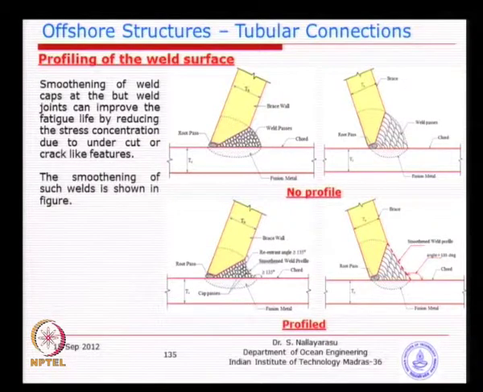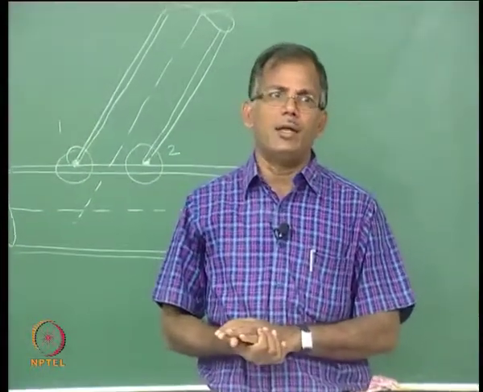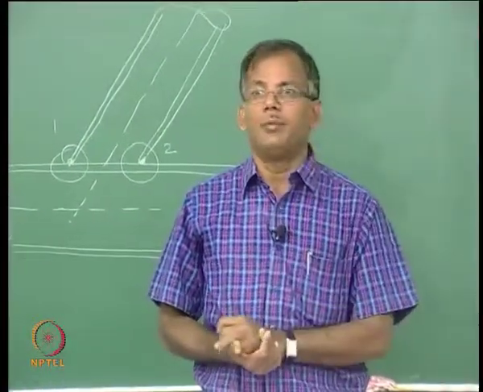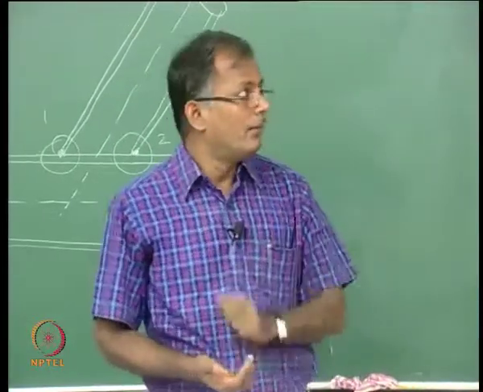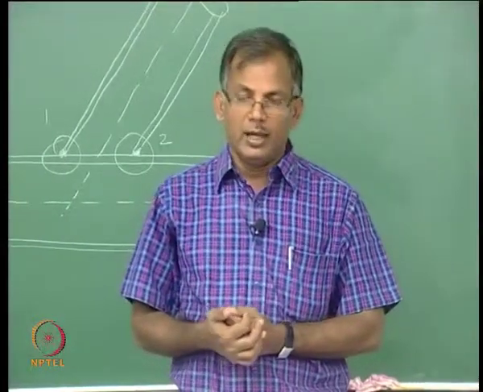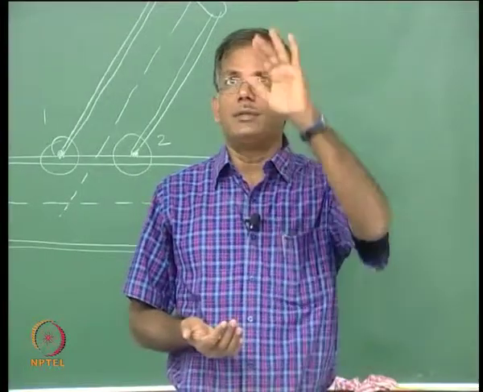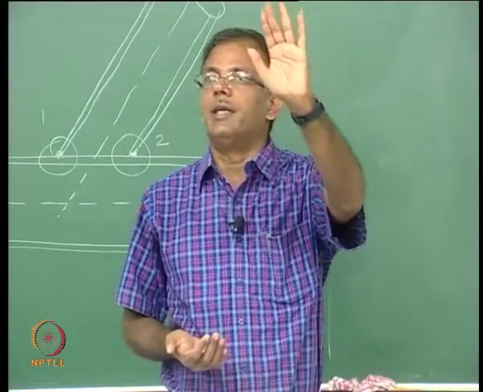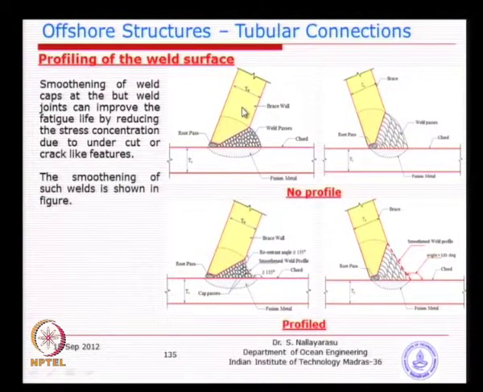It is not drawn exactly 100% correct, but if you are able to get that curvature correctly, joining smoothly with the brace and the chord, you could reduce a substantial amount of stress concentration factor. This has been proved by several model tests as well as by FE analysis of the weld, and that is why this is one of the best methods. Most of the braces, if you calculate, you will see an SCF of 9, 10, something like this.